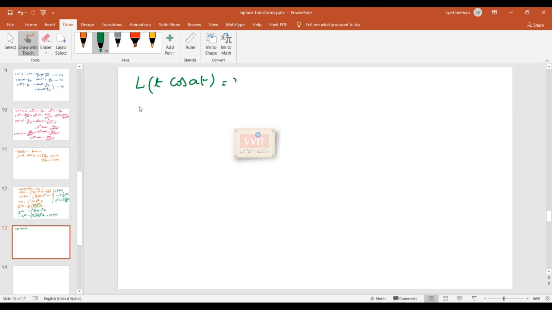For this, L of cos at is s by s square plus a square. Now, we know that I need to differentiate with respect to s. So s is available in both numerator and denominator, so the u by v formula is to be maintained, which is f of s. So d by ds of, why d by ds?